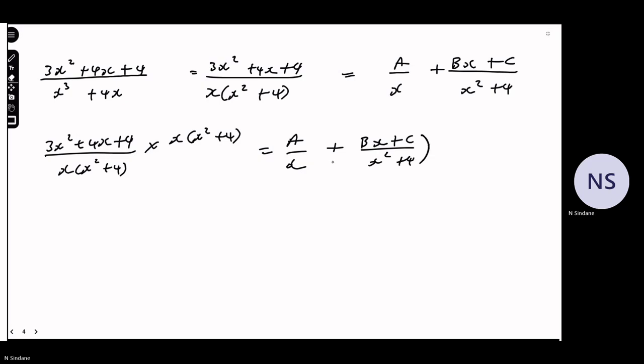What I do on my left hand side, let's also do on my right hand side, meaning I'm going to cross multiply by x into x squared plus 4.